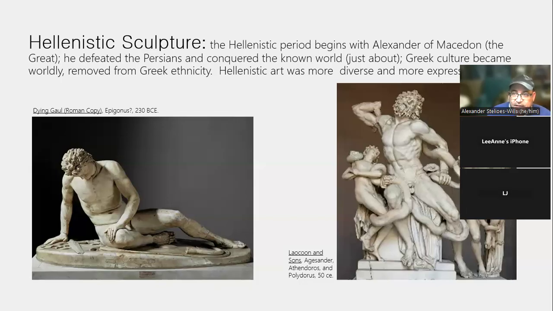Especially in freestanding sculpture, they would put stuff like that a little bit more in low relief and shallow relief. But even then, they tended to do it in a much more static and idealized way. The Hellenistic artists, artists of Hellenistic Greek culture, were much more interested in real drama.